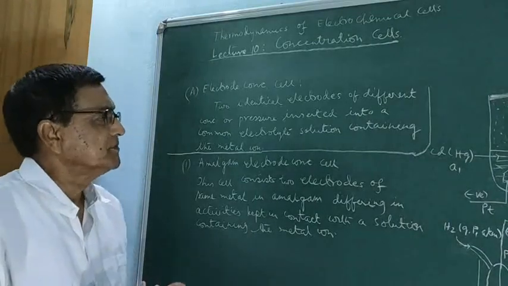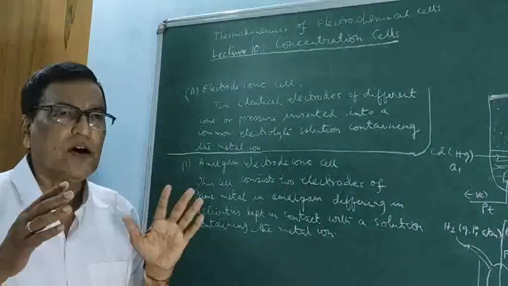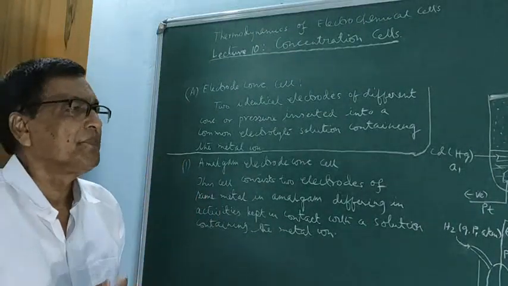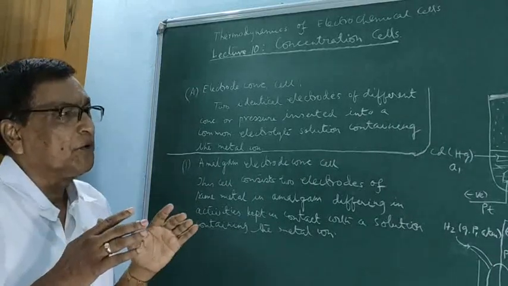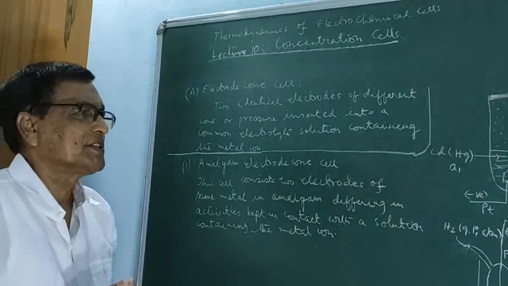And these electrode concentration cells will be of two types. Here the electrodes are identical, only differing in concentration. They are dipped in a solution containing the ion of that electrode.